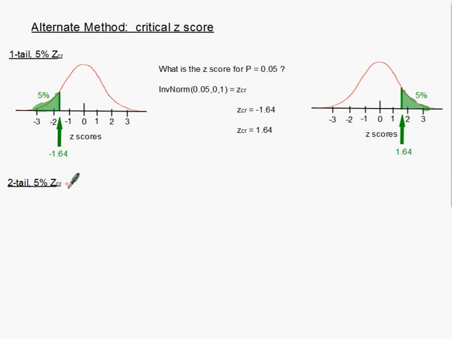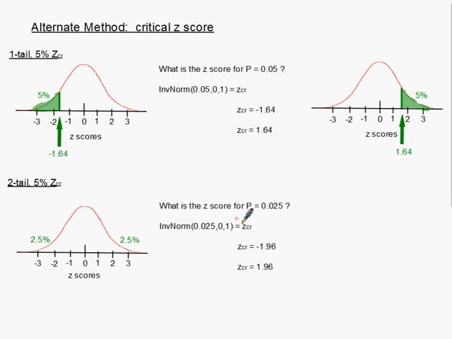And maybe what we should do is also record the two-tail critical z-score. If we look at the normal distribution and get our critical scores in the same way, each tail now is 0.025 because the 5% gets split. That's what gets used in our inverse norm to find it. It's going to be right about here, a little less than 2.